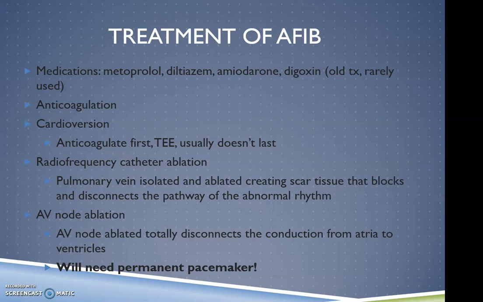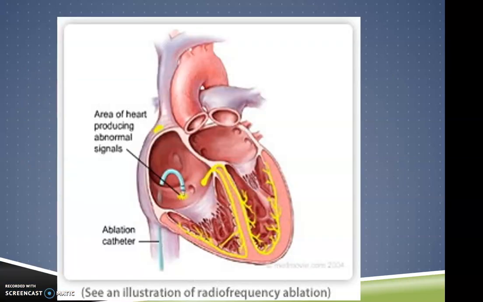I don't know that they do AV node ablations so much anymore, because if you do an AV node ablation, then you need to have a permanent pacemaker because they don't totally disconnect the ability to conduct from the atria to the ventricles with AV node ablation. That's just a picture of what the radiofrequency ablation would look like. The catheter through the groin, up through the artery or the vein into the heart.